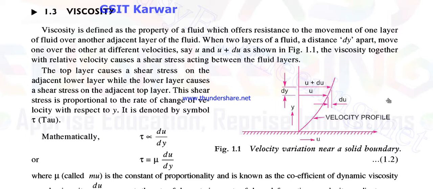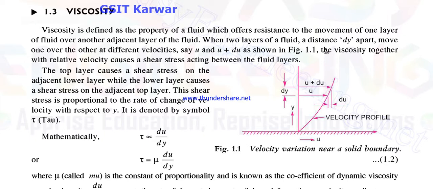That means enlarged means here you can observe closely. This dy is there, no? This dy is the distance between two fluid particles, and this is the velocity of those particles u and u plus du.